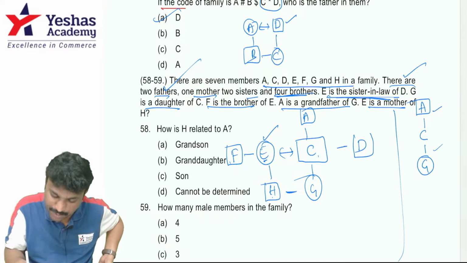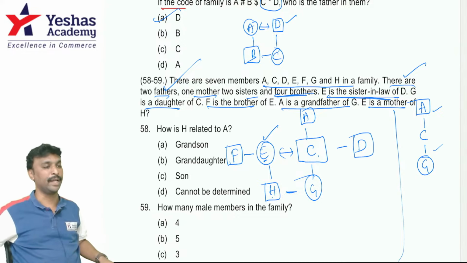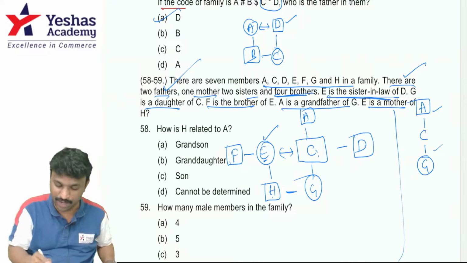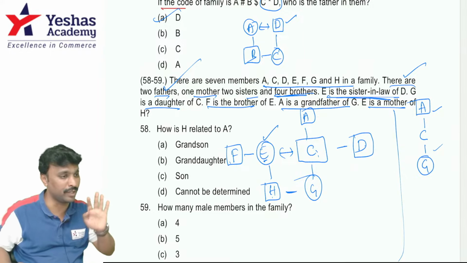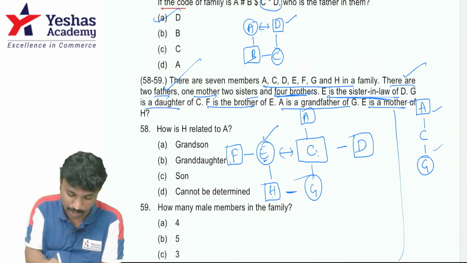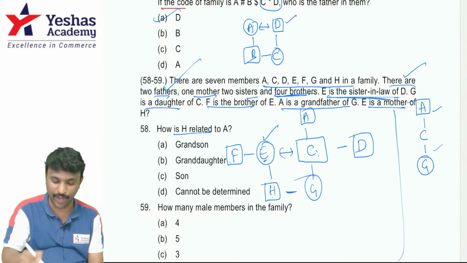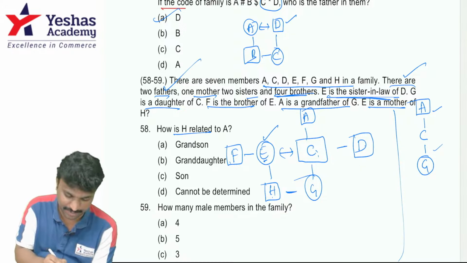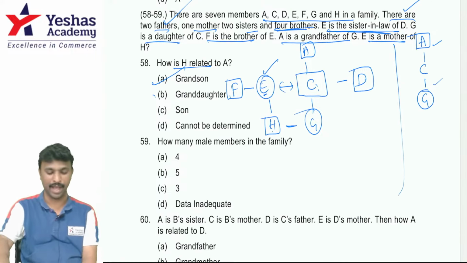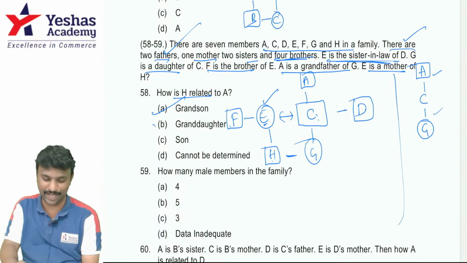That means D also needs to be a male. Then only C, D, F, and H are the brothers. So there are four brothers. The question is, how is H related to A? To A, H is a grandson. Option A.